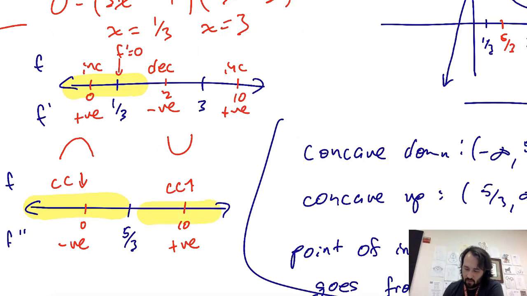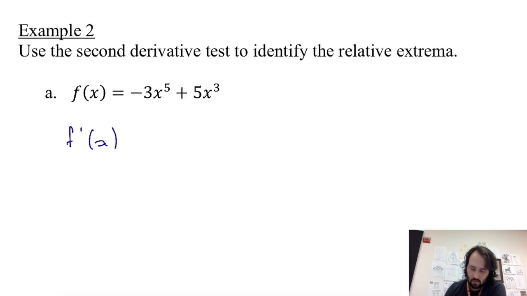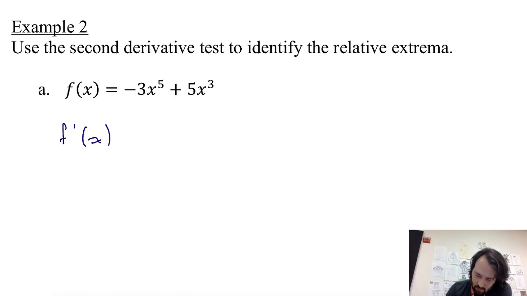And from 5/3 on was this portion over here, and since I'm concave up, that had to be a minimum. That's essentially what we are going to do. We're going to use math to state it.